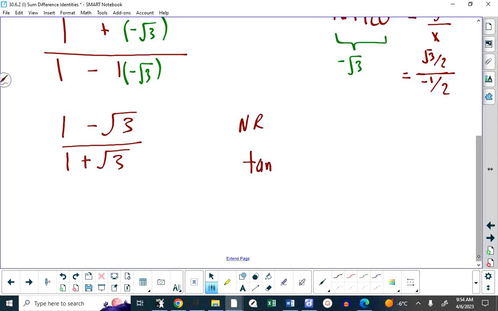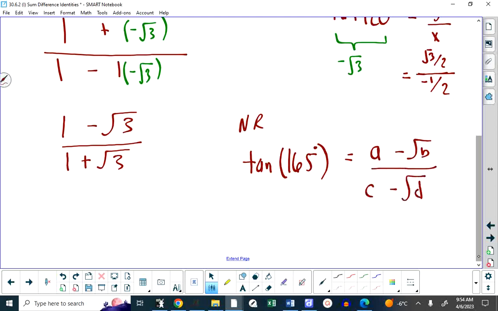Again, for a numerical response, I know that A and C are the same, and I know that B and D are the same. But I don't think you would ever see this. You might.